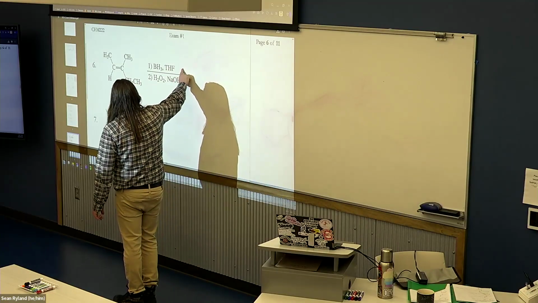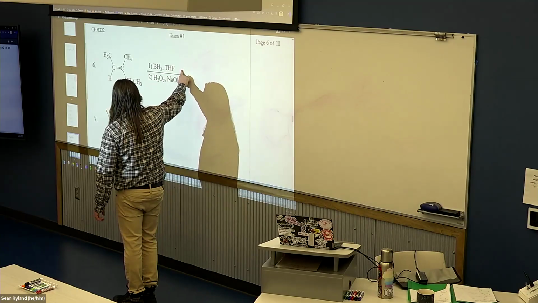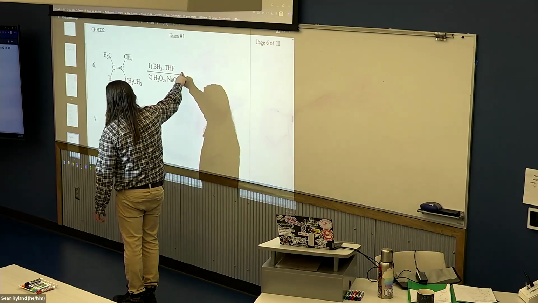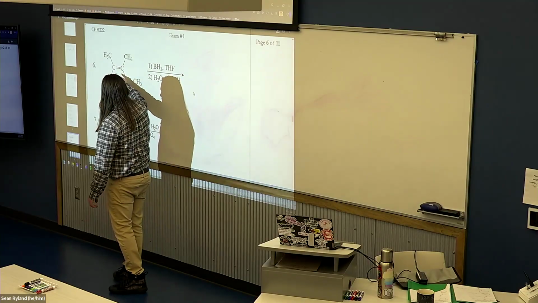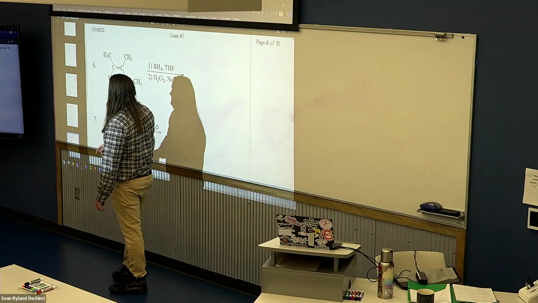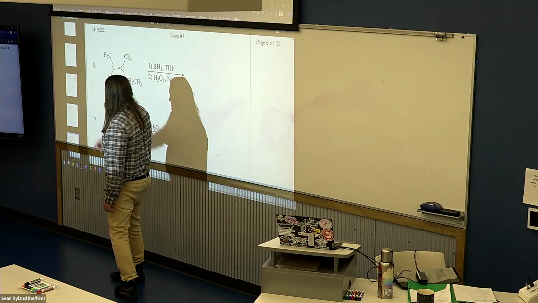So, hydration, anti-Markovnikov. It's an alkene, so we're going to make an alcohol. We put the OH on the less substituted carbon, so on carbon 2.